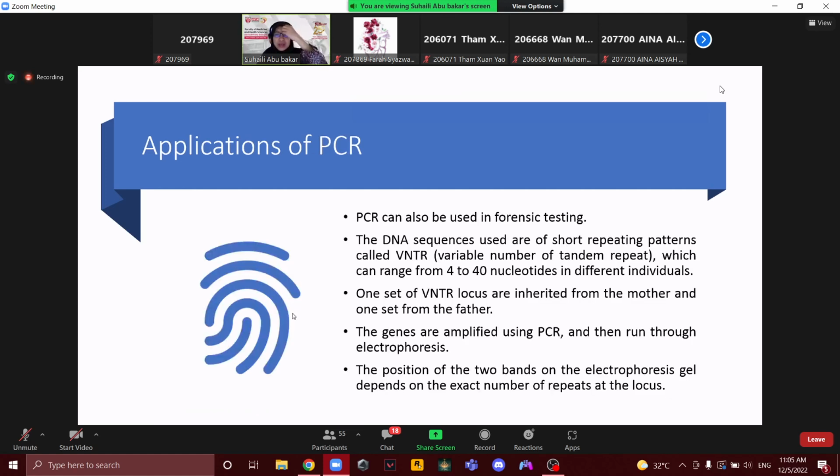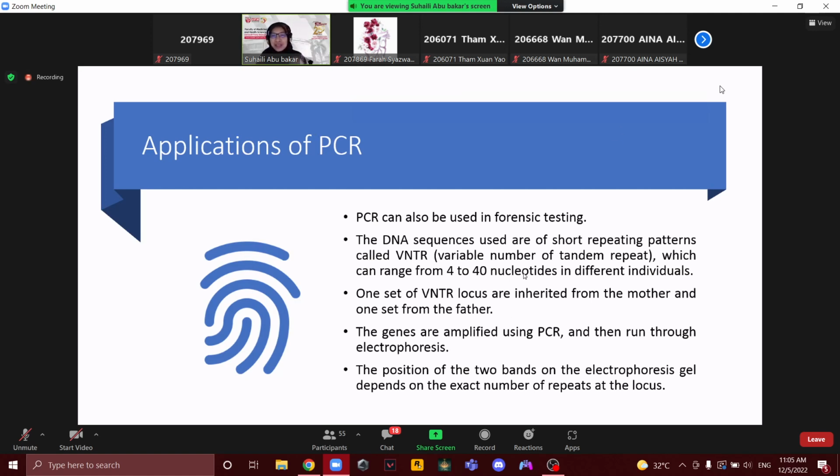Okay, ni fingerprinting. Our fingerprint. Okay, they use PCR. So the DNA sequence used is a short repeating pattern. Inside our DNA sequence, there is a special location. Ni repeated pattern ni. You know this already in the human genetic.